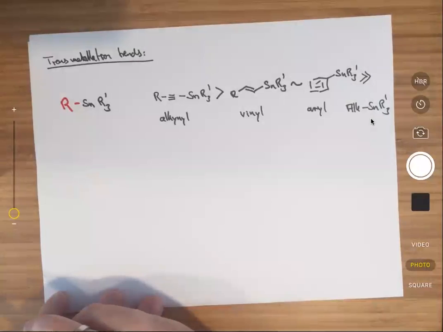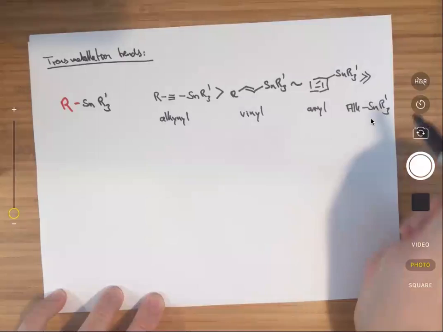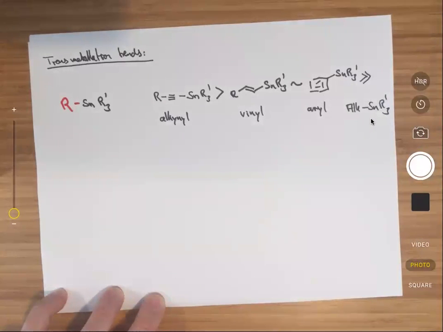Now, this also puts a limitation on the Stille coupling, because if you just want to transmetallate an sp3 hybridized carbon atom, this is significantly more difficult because you don't have the selectivity with all four different substituents on the stannane.